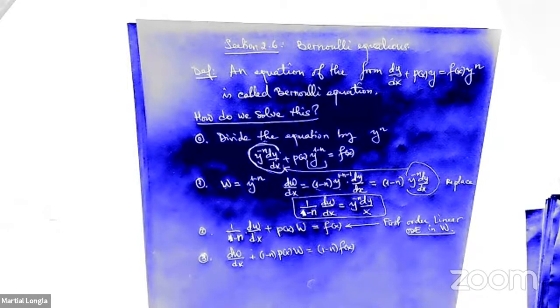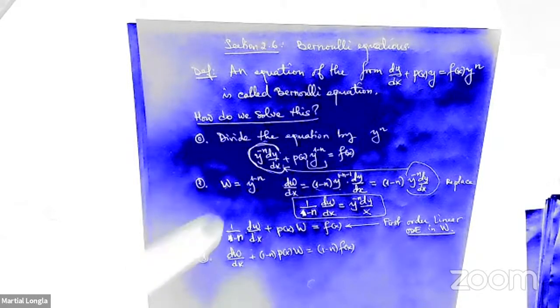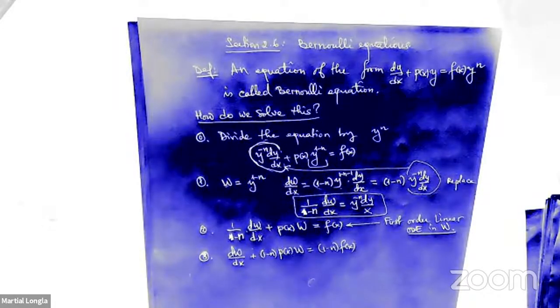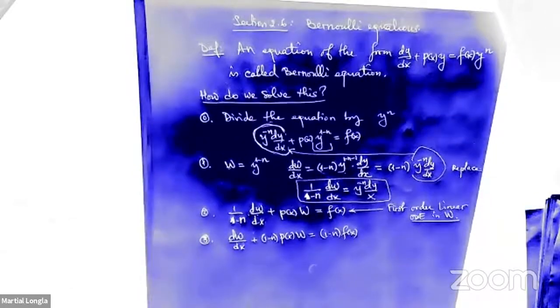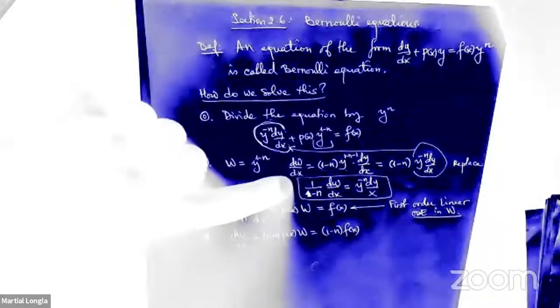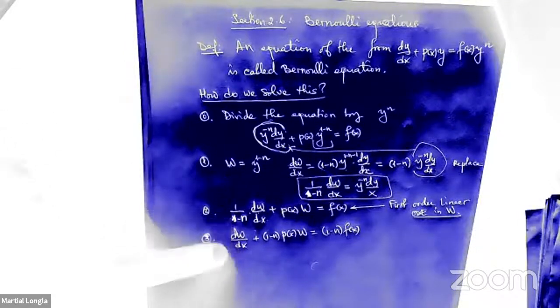It's always going to be the same thing. It's exactly those same steps, no matter what f, p, or n is. You just do that w, that dw over dx, and get this equation.